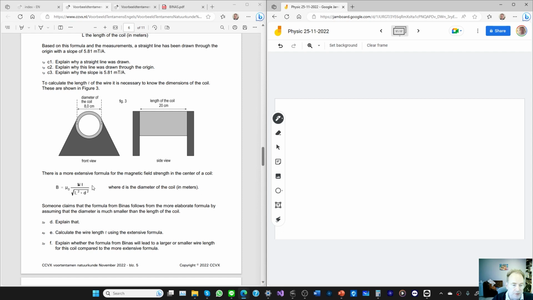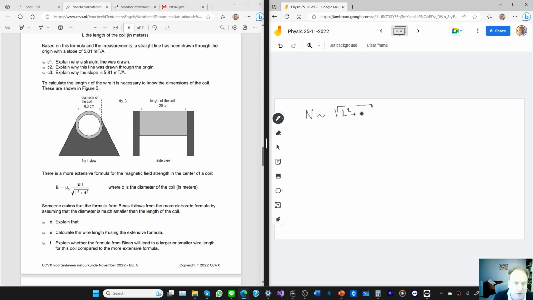Explain whether the formula for pancakes will lead to a larger or smaller wire length for this coil compared to the more extensive formula. Well, as we just saw, n is proportional to this square root, L squared plus D squared.